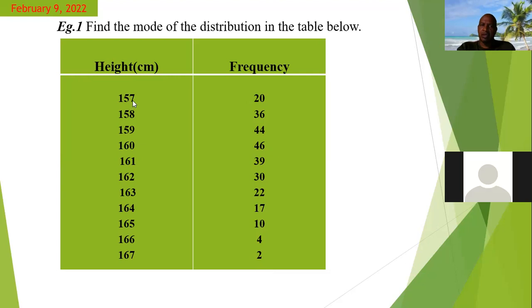So in order to determine the height of a rectangle, for each of these values, you look at the frequency that corresponds with the values, and then you draw your rectangle up to that height on the frequency axis.